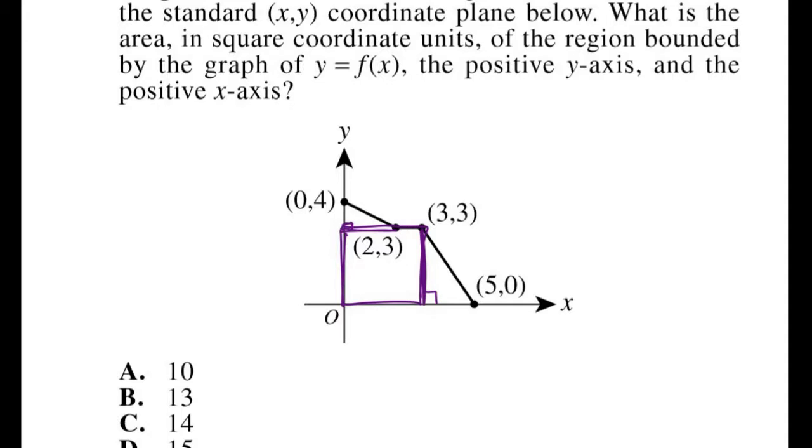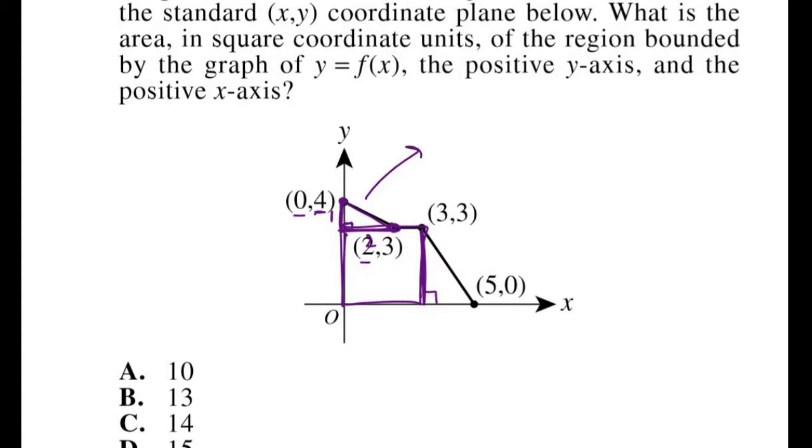So starting with this small triangle up here, our height is 1, because we have a difference from here to here, 4 to 3. That tells us that the difference in height is 1. We go from this point to this point. Our change in x values is 2. So we know our base is 2.